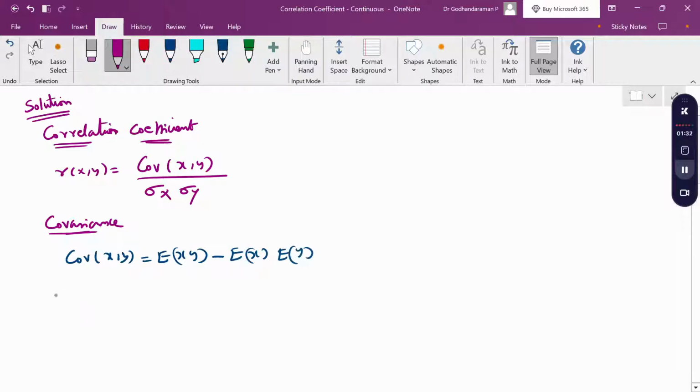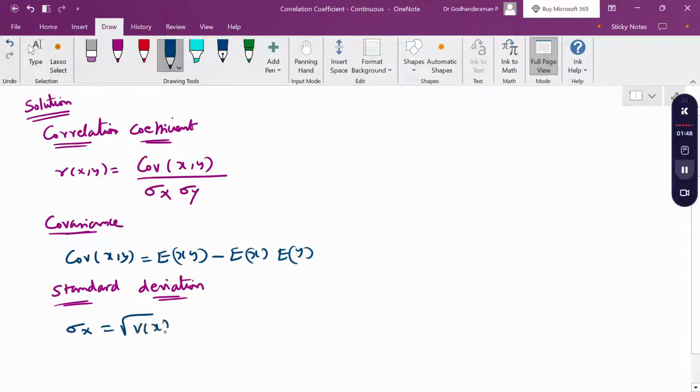Then the standard deviation: sigma x is the square root of the variance of x, and sigma y is the square root of the variance of y.